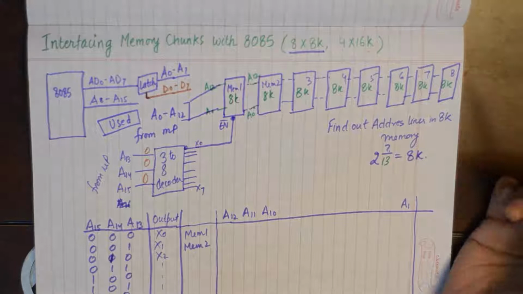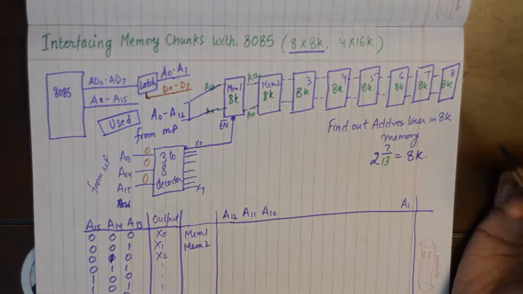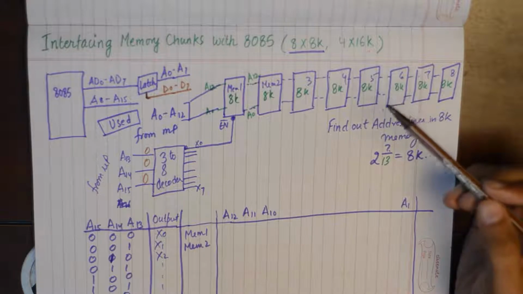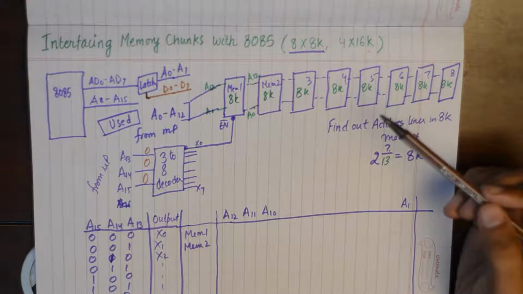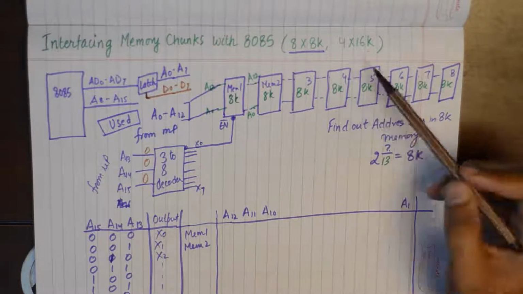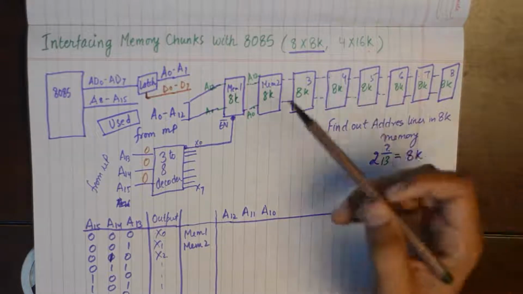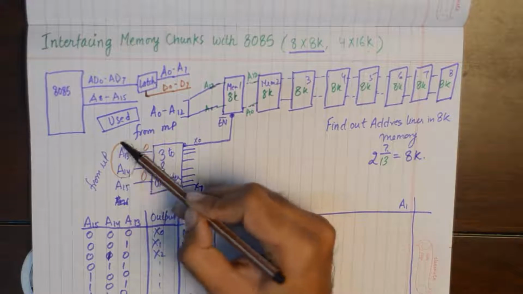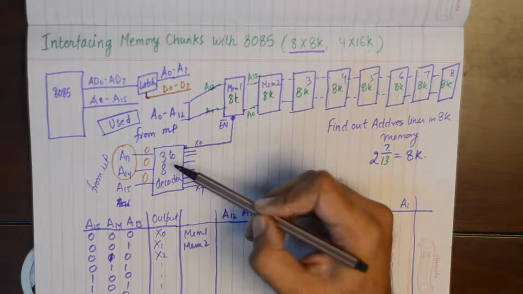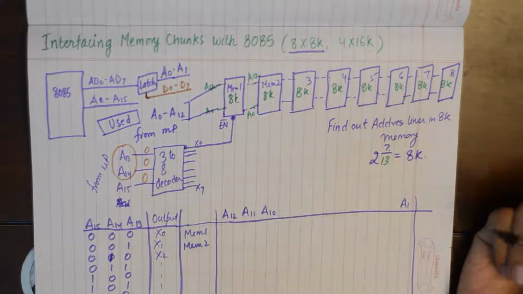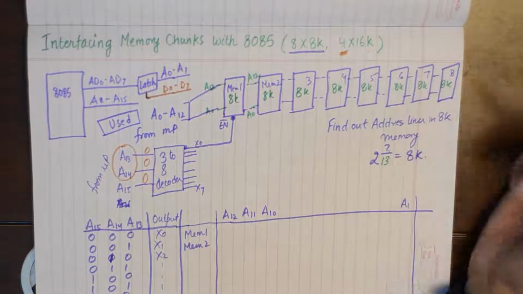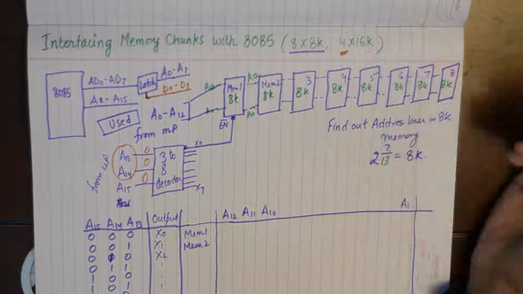You can attach a maximum of 4 ICs because the addressing capability of 8085 is 64K. So you'll be left over with only 2 address lines here, which will be connected to a 2:4 decoder, and they'll be used to drive 4 ICs of 16K.